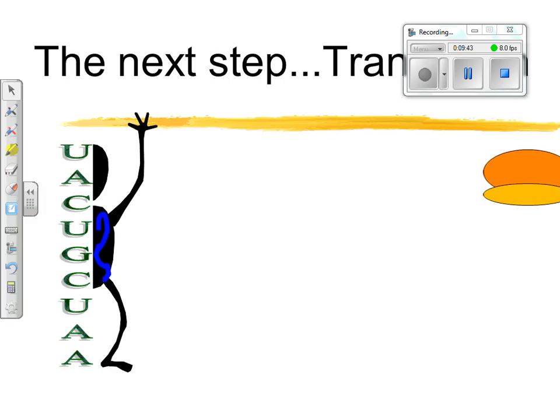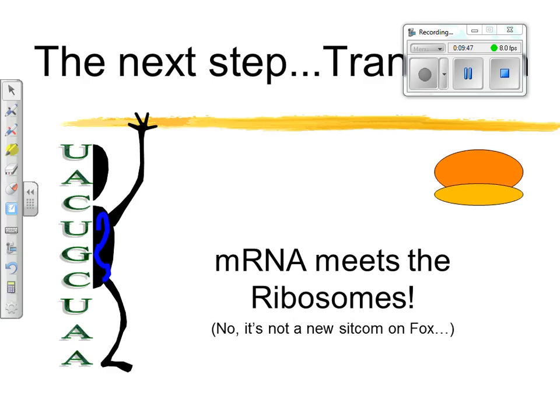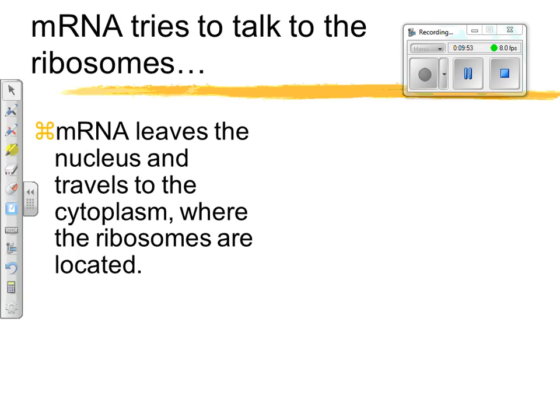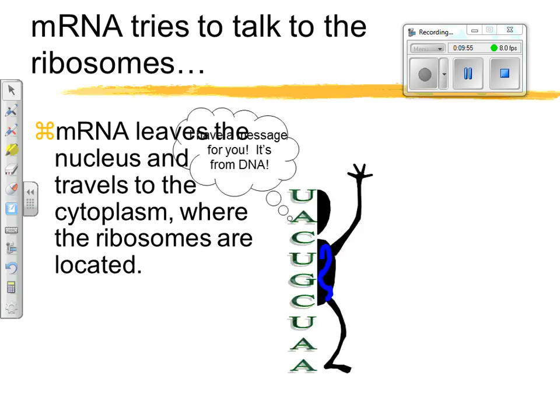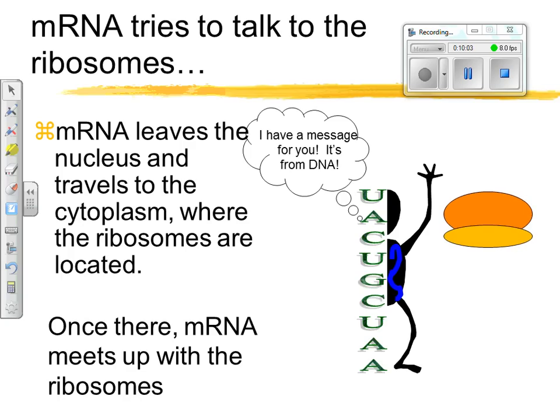Now that messenger RNA is out into the cytoplasm with the code, it meets up with the ribosomes. Messenger RNA travels to where the ribosomes are located. So here they are. Messenger RNA says to the ribosomes, I have a message for you. It's from DNA.